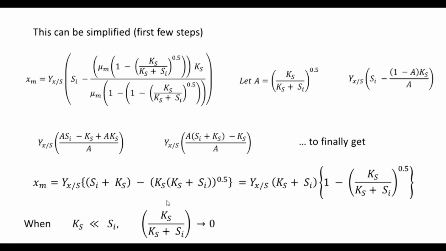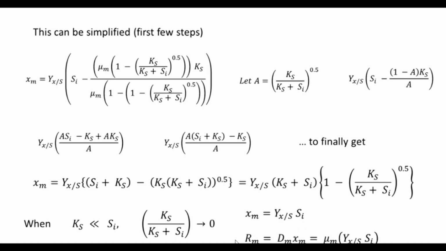Now, when Ks is much less than Si, we saw that this term tends to 0, the denominator can be replaced with Si, and after doing that we see that the denominator is much larger than the numerator, therefore it will tend to 0. So in such a case, if this tends to 0 and this can be replaced with Si, Xm would be directly Yxs times Si.